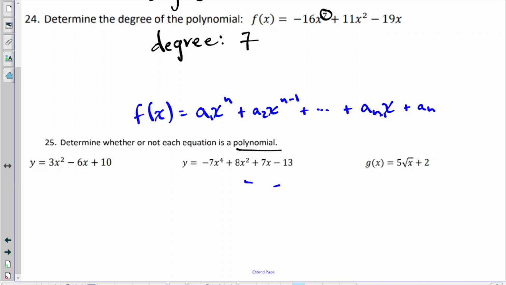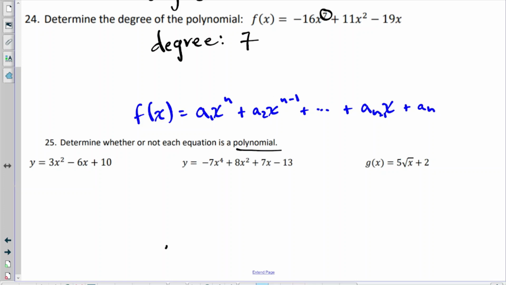It has to be f of x equals or y equals coefficient times variable to a power, with all positive exponents. So I can't have any fractional exponents. I can't have any x's in a denominator, so no rational functions. And I have to make sure that all my powers are positive as well.